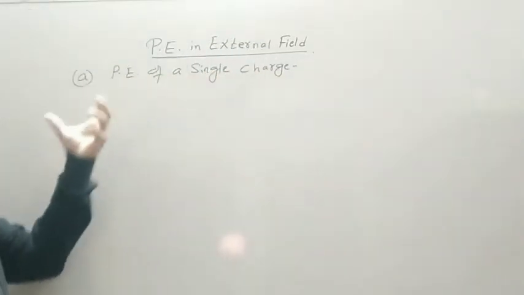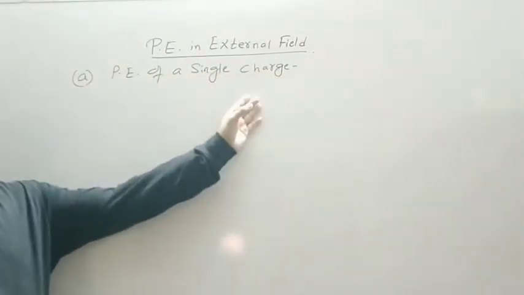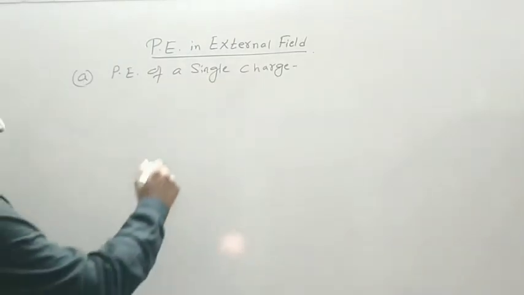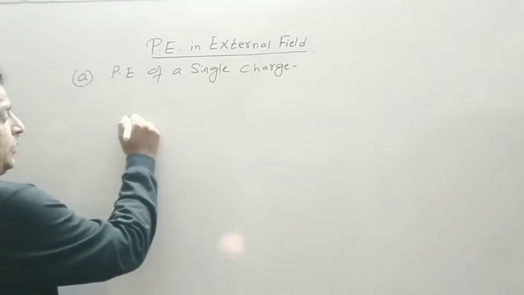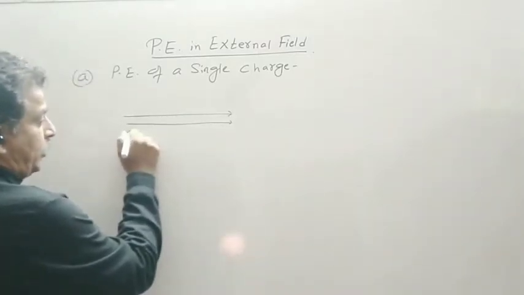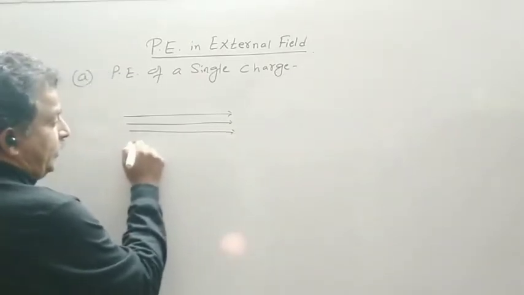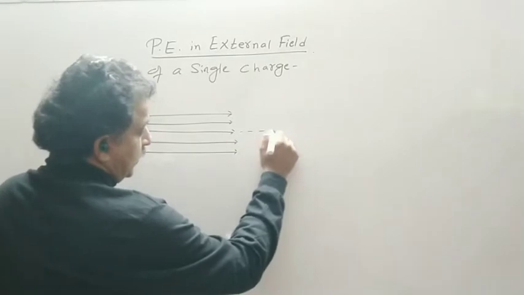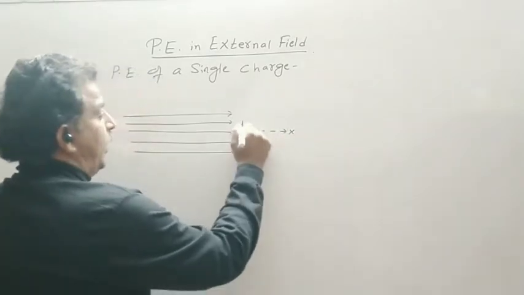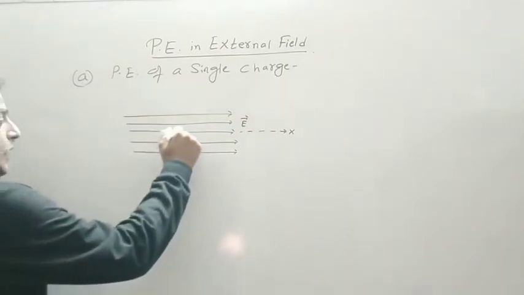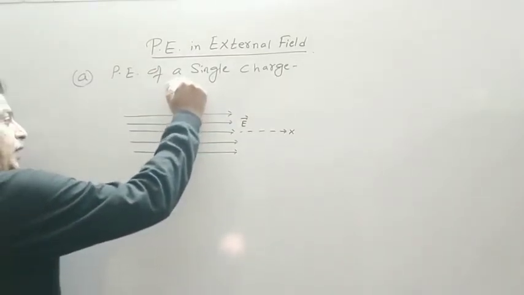So we have two parts for this: potential energy of a single charge and the potential energy of the system of charges. Now let us suppose that an external electric field already exists in a system. So this is an external electric field along the x-axis. Let us say this is the y-axis.